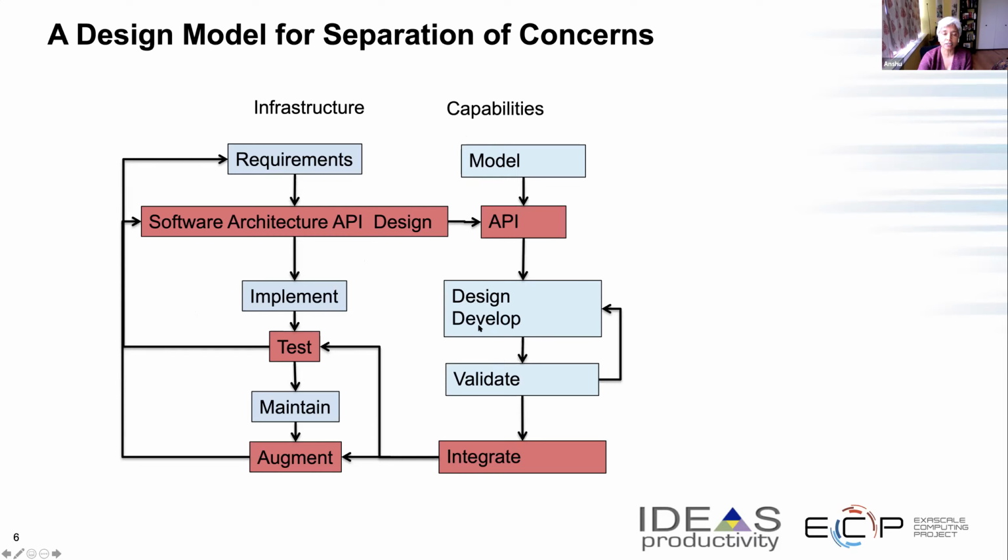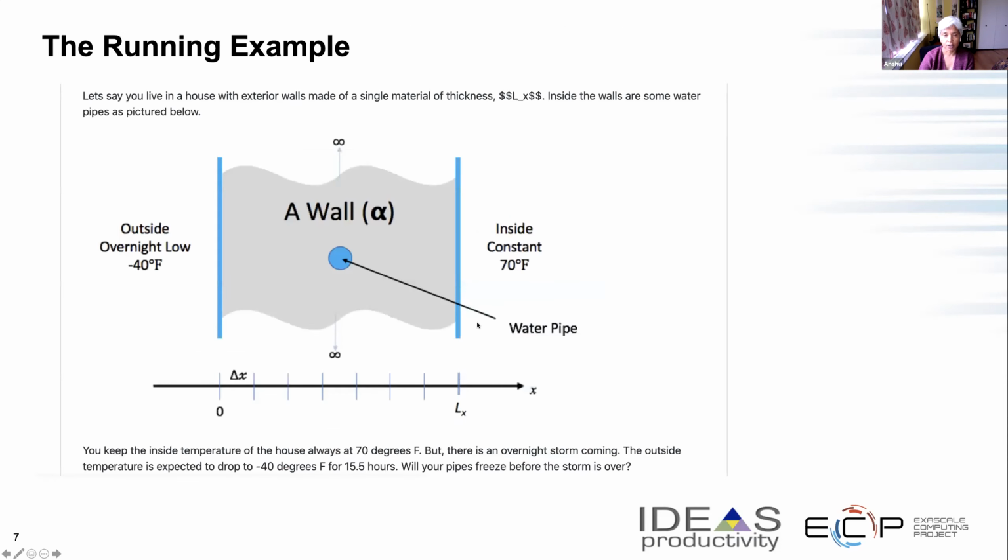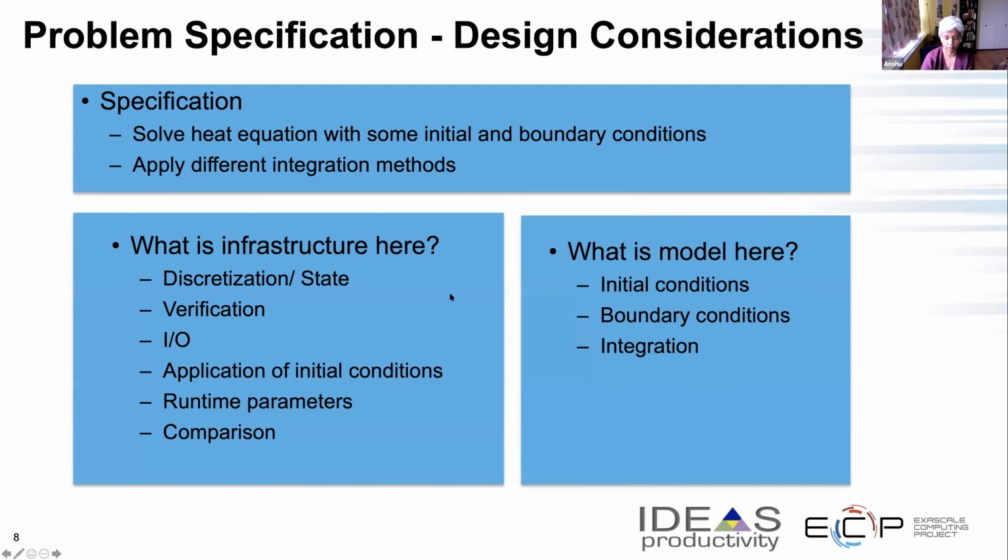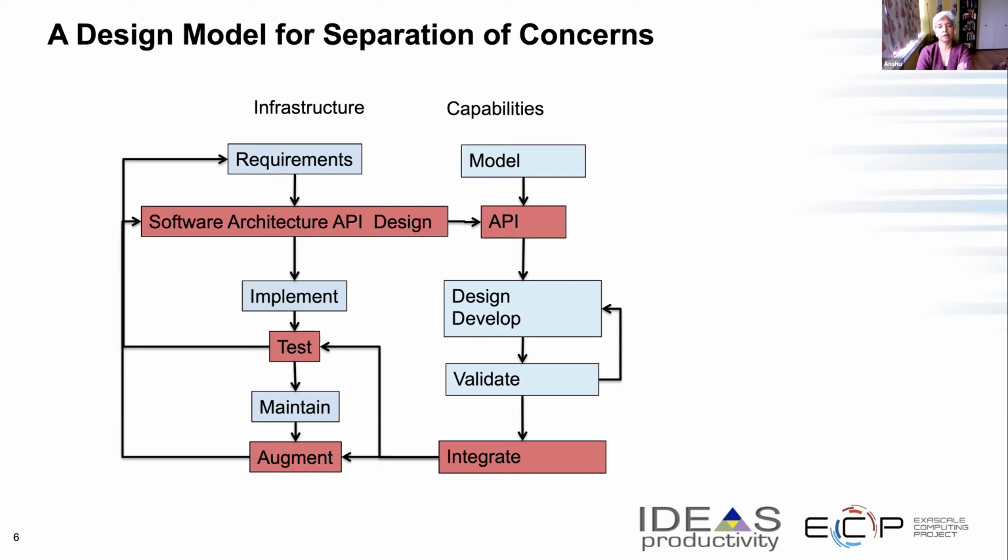And then they can translate them into an appropriate other language such as C or C++, or have a code translator do this for them. Encapsulate that into an API and then integrate that with the infrastructure.